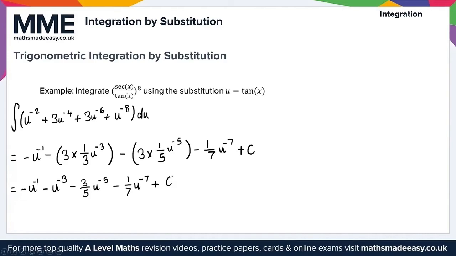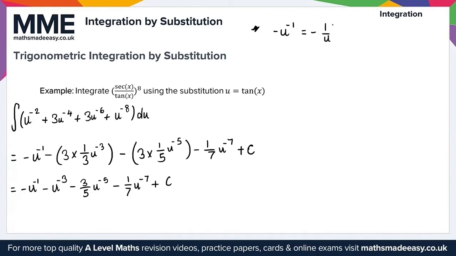It's quite long, but we're still not finished just yet. Remember, we have the substitution that u is equal to tan x, so we simply need to use it. This minus u to the minus 1 would be the same as writing minus 1 over u.